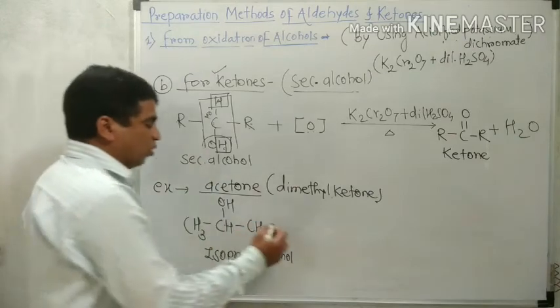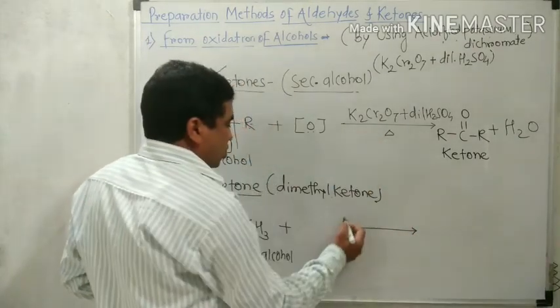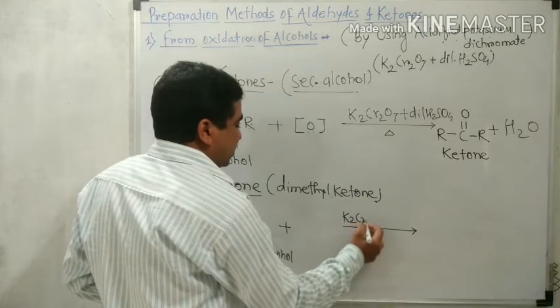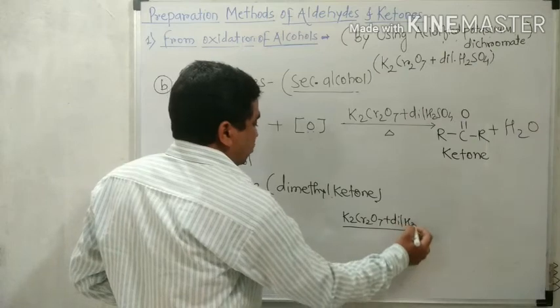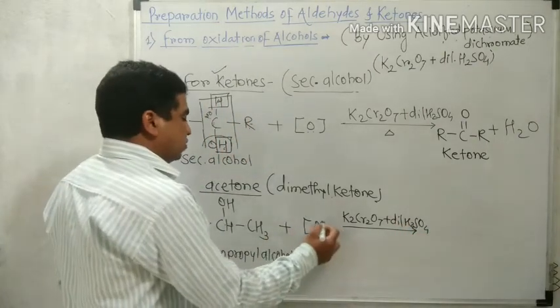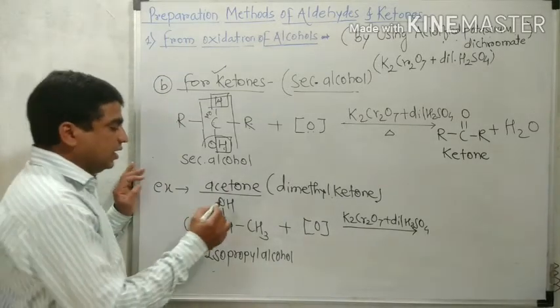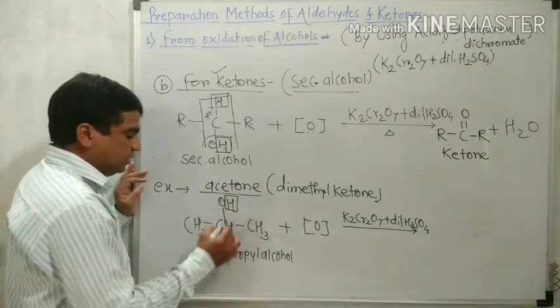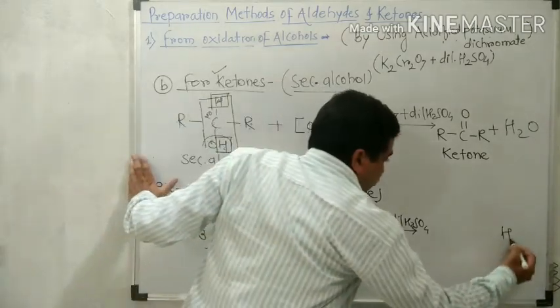So when isopropyl alcohol or secondary propyl alcohol undergoes oxidation using K2Cr2O7 plus dilute H2SO4, the nascent oxygen atom is added in the reaction from the oxidizing agent. Here, these two hydrogens and this oxygen combine to give H2O.